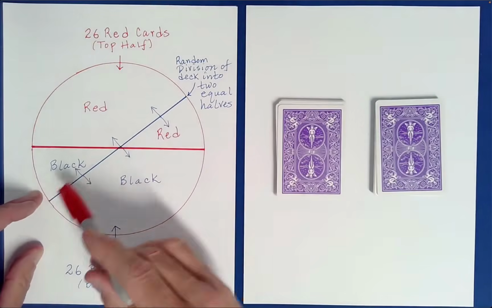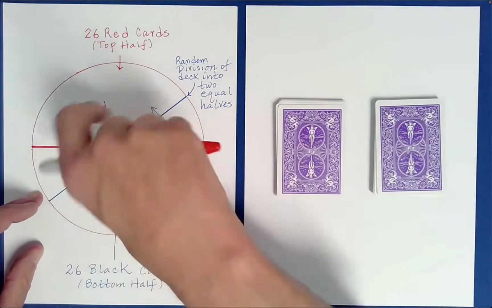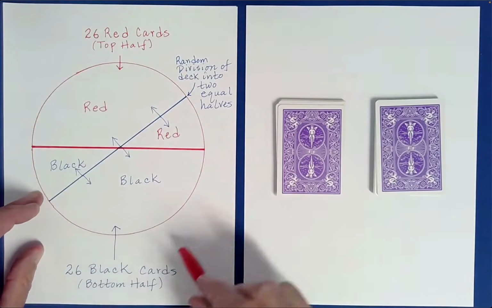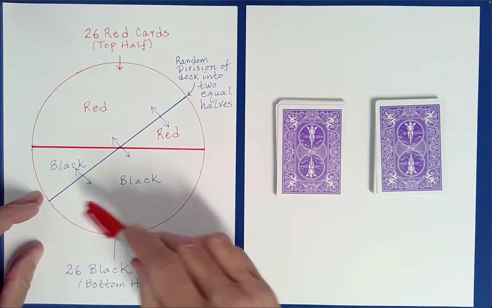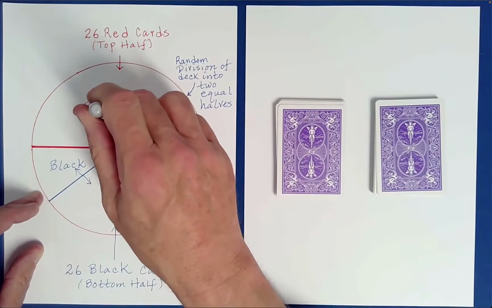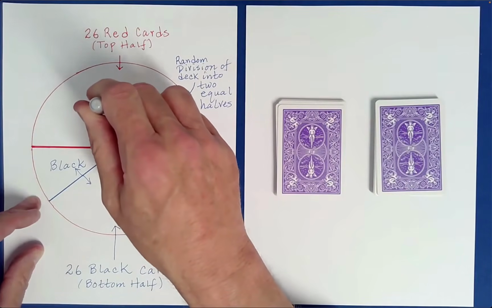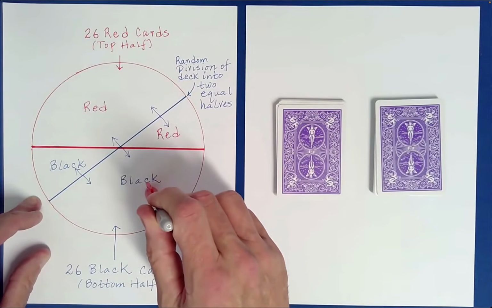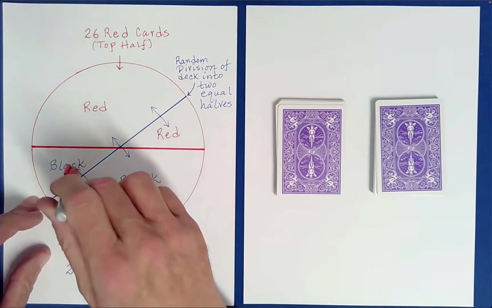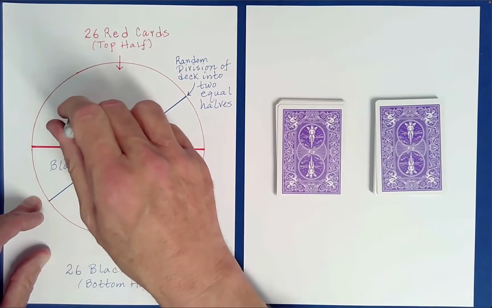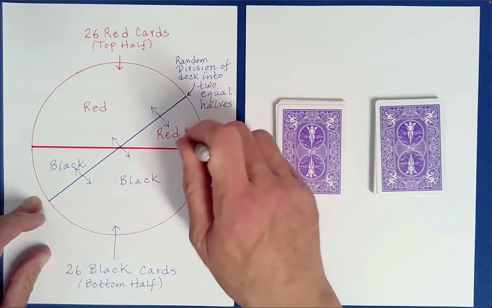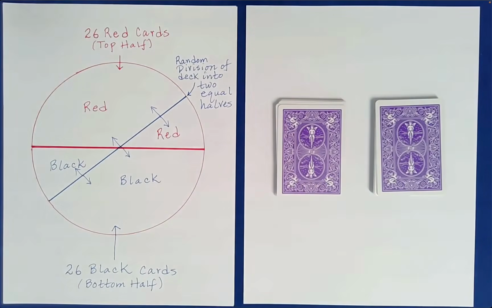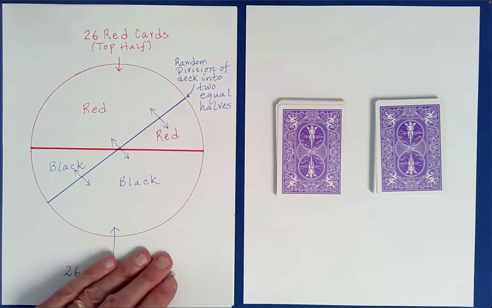No matter where this division is made into two equal halves for the deck of cards, it will always be the case that the number of red cards in one division will have to match the number of black cards in the other division of the deck, and the number of black cards in that first division will have to be equal to the number of red cards in the other half of the deck. Okay? So anyway, that's a graphical confirmation that the principle is indeed true.